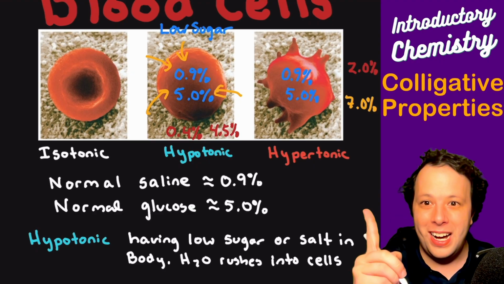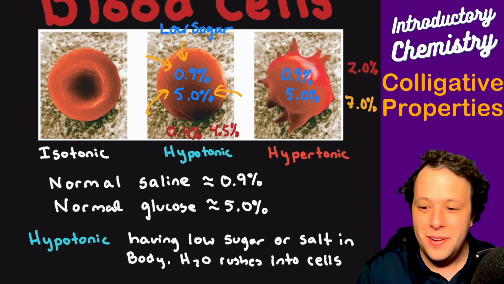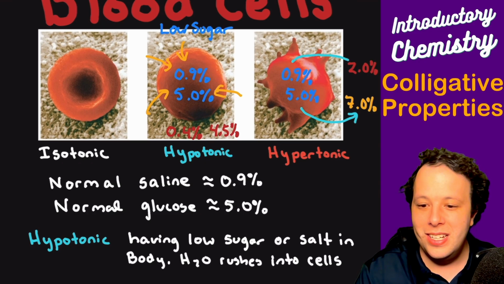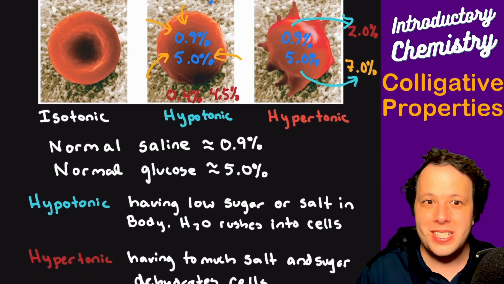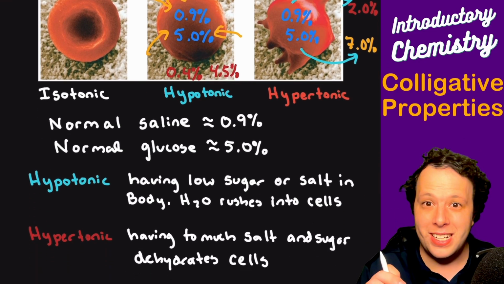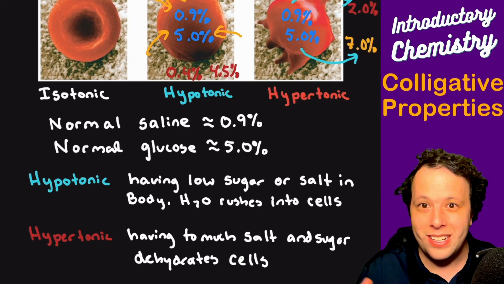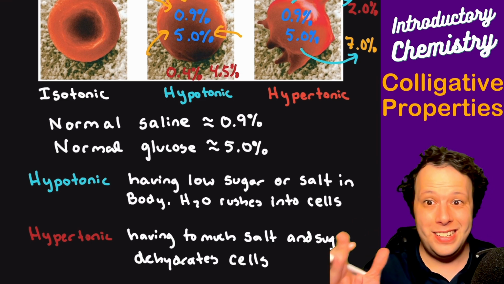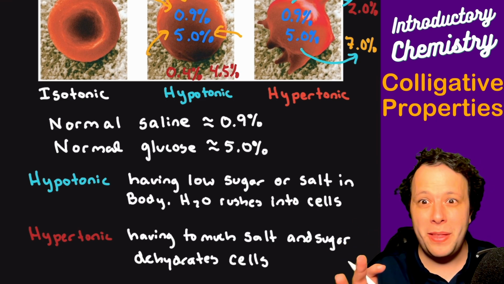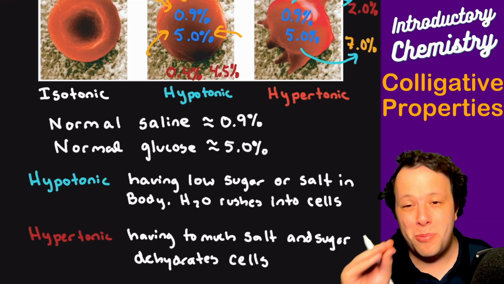Remember, from low to high. So when that happens, we have really low concentration inside and everything's going to come out. Therefore, we have a hypertonic cell, which is when it's going to dehydrate your cell and cause it to collapse in on itself, losing its function and its purpose. So these are some of the factors that can happen because of colligative properties.